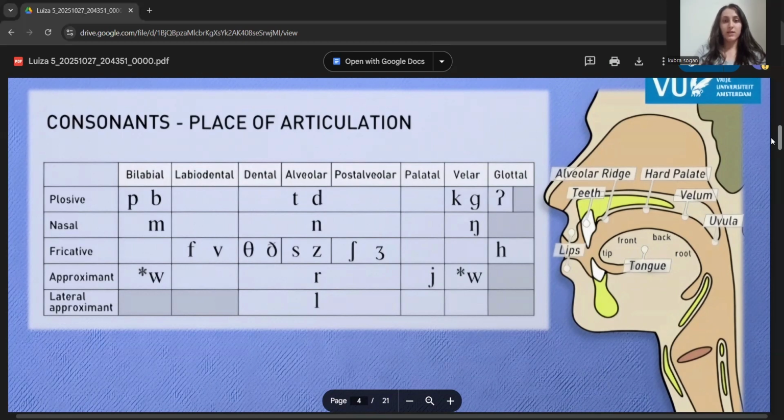And finally, the uvula at the back of the mouth. The tongue is the largest and most flexible speech organ, divided into tip, front, back, and root.